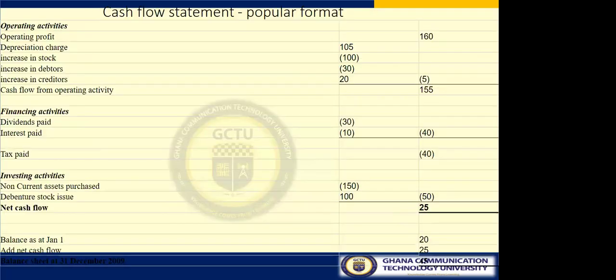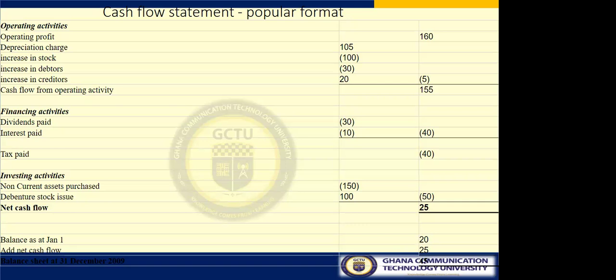This is an example of a cash flow statement in a popular format. We have operating activities: operating profit, depreciation charge, increase in stock, increase in debtors, increase in creditors, giving cash flow from operating activity. Then financing activity: dividends paid, interest paid, tax paid.